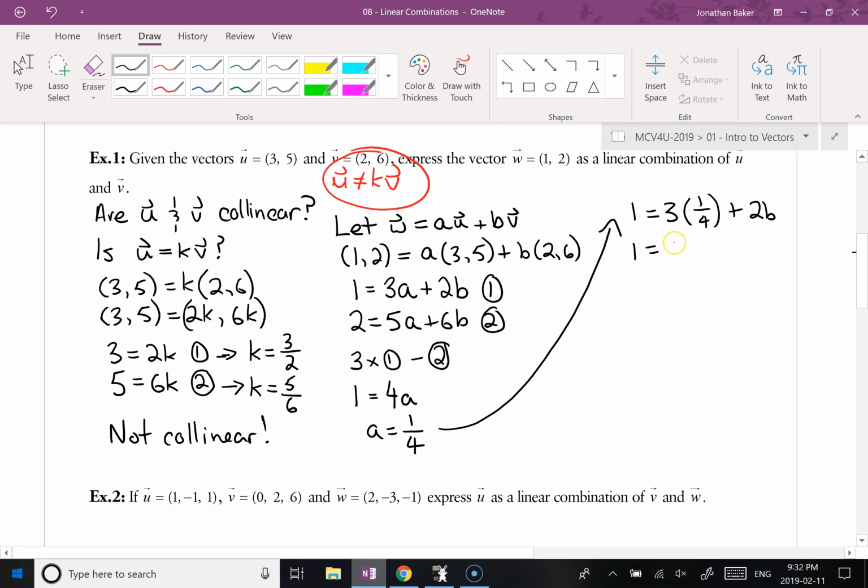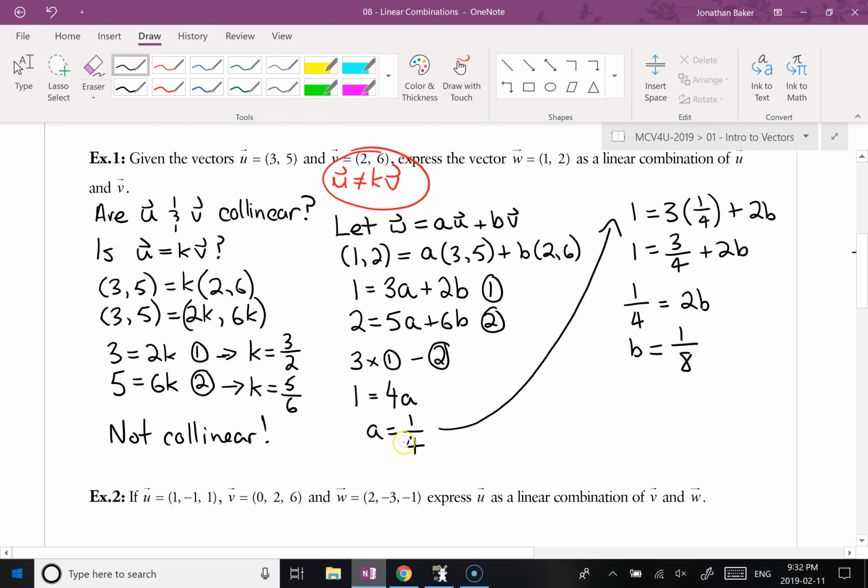So we get 1 equals 3/4 plus 2b. And we can subtract that 3/4 from both sides. That gives us 1/4 is equal to 2b. And then we divide both sides by 2, and we get b equals 1/8.